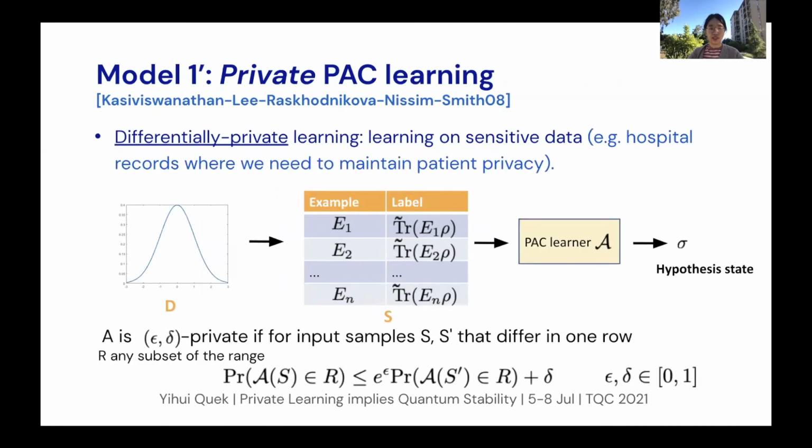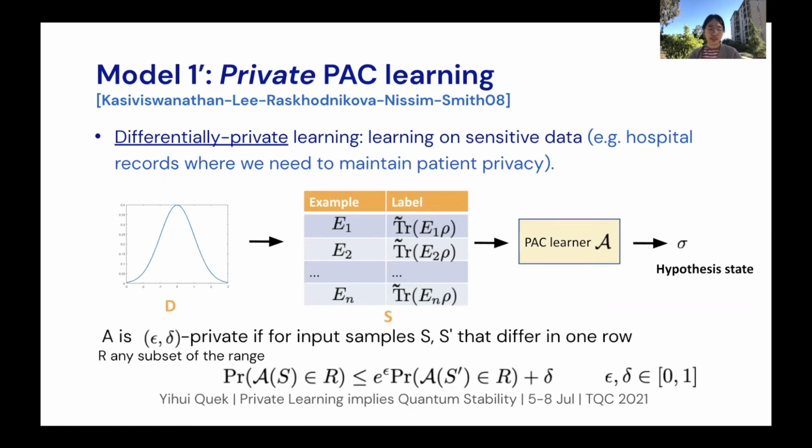Well, the definition is slightly more technical. It means that if we feed these 2 similar input samples, S and S prime, to a PAC learner A, then each time A is going to output some hypothesis state, sigma and sigma prime. And the definition of the outputs being similar means that the distribution over possible hypothesis states looks very similar.